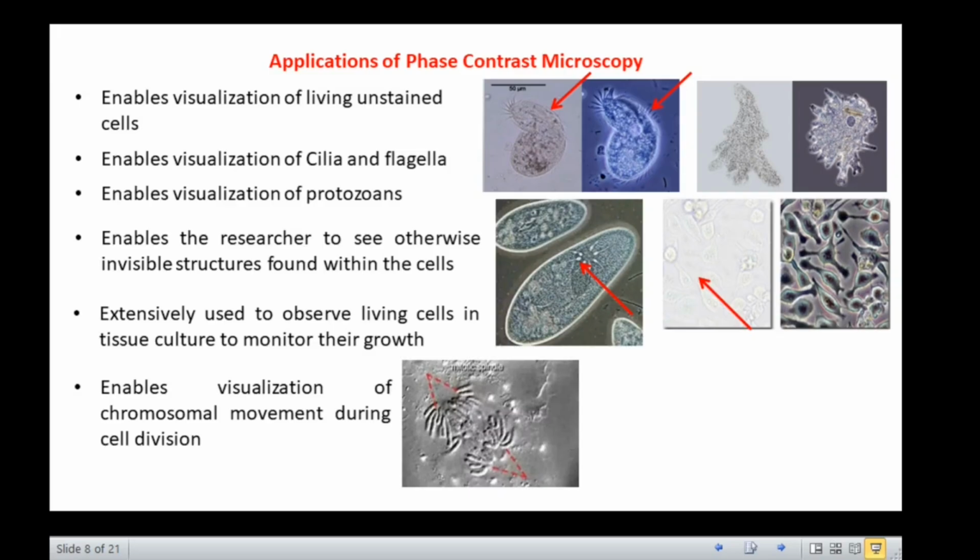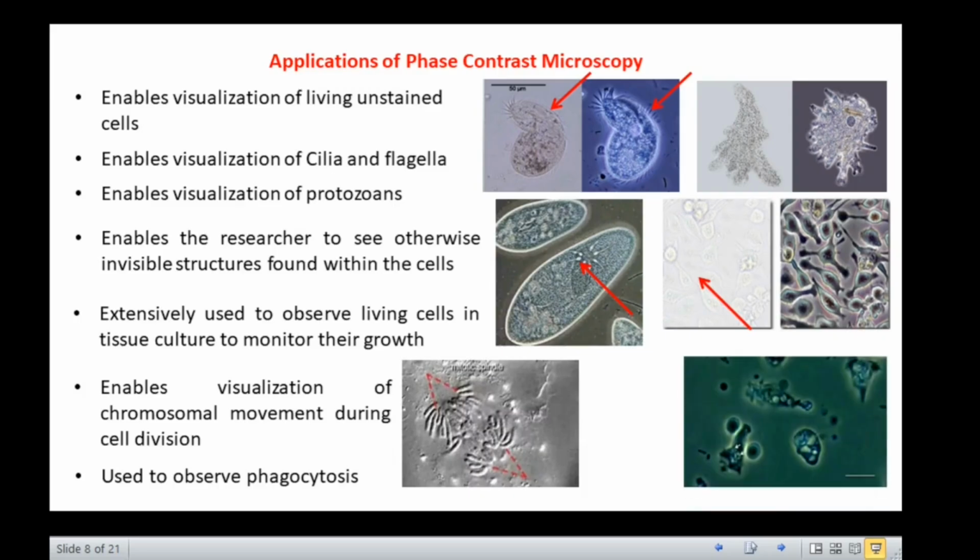Phase contrast microscopy is used to observe phenomena like phagocytosis. Phagocytosed E. coli are visualized inside vacuoles known as phagolysosomes shown as white arrows in this picture.